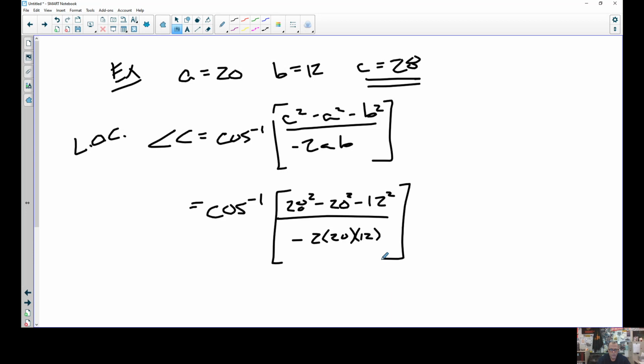And then I want cosine inverse of that. So I do second cosine of the answer. And I should get that angle C. This is angle C. Angle C equals 120 degrees.